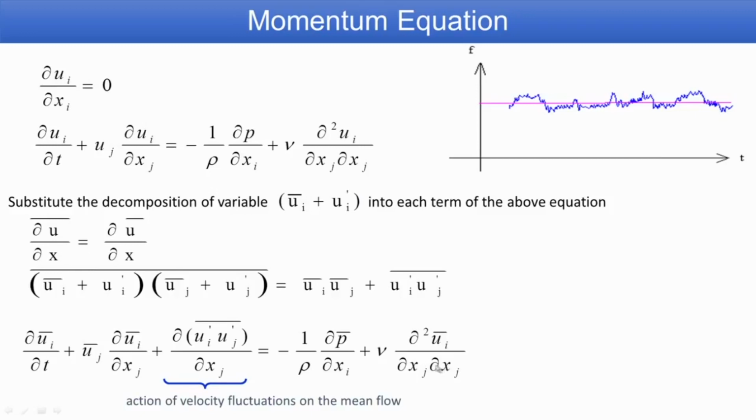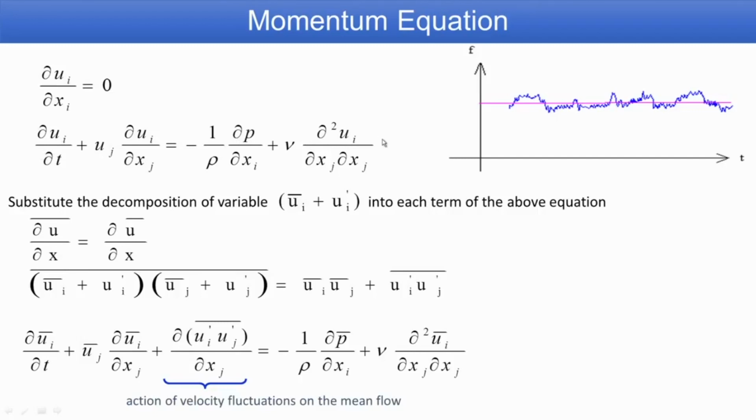What is to be noted importantly is that the first term, for example, is a time derivative term, and this term has the same form as in the original Navier-Stokes equation. The original Navier-Stokes equation has a time derivative term, the time averaged Navier-Stokes equation also has a time derivative term, and this is ui bar and this is only ui.